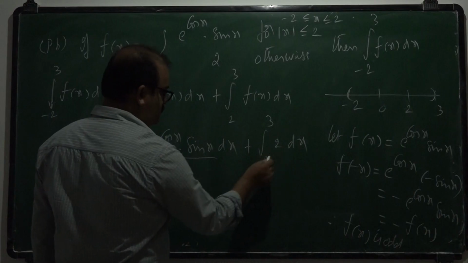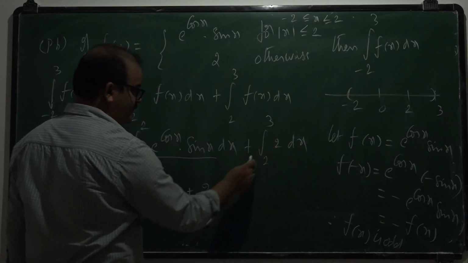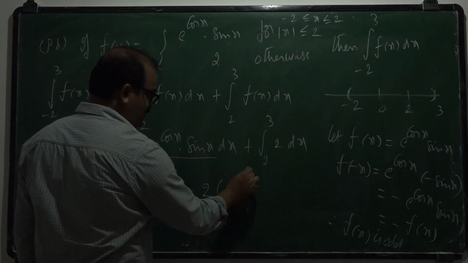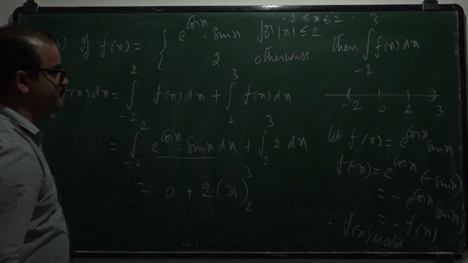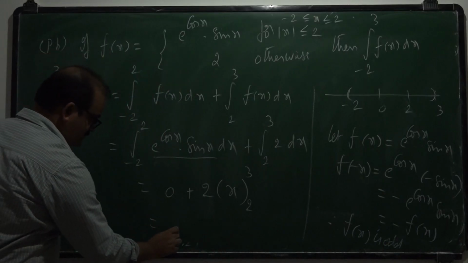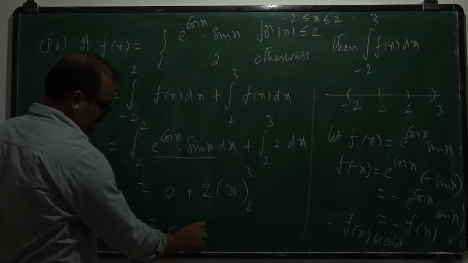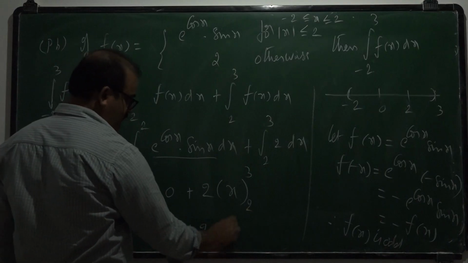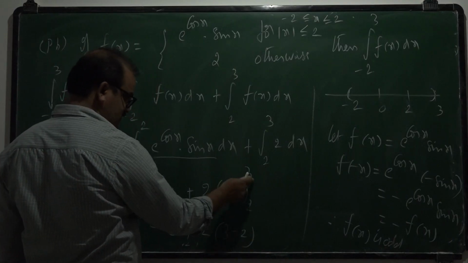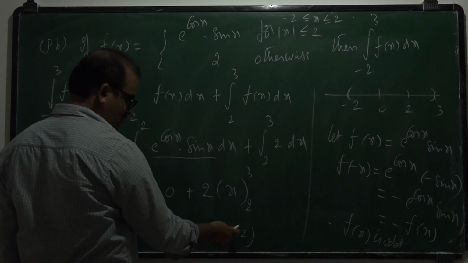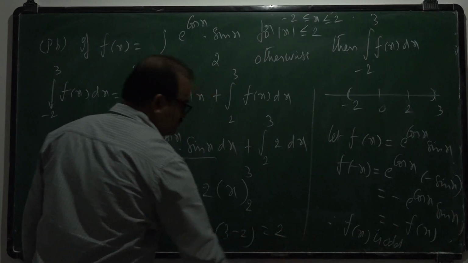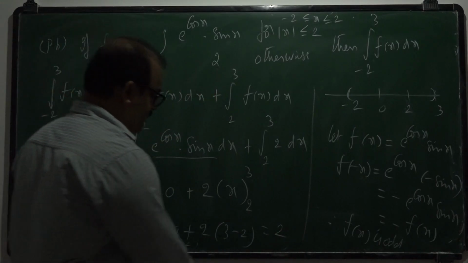Plus 2 is constant here. Integral 1 dx is x, between the limits 2 to 3. Now apply the limits: 0 plus 2 into 3 minus 2. First take the upper limit and then take the lower limit. 3 minus 2 is 1, 1 into 2 is 2. So its value is 2.